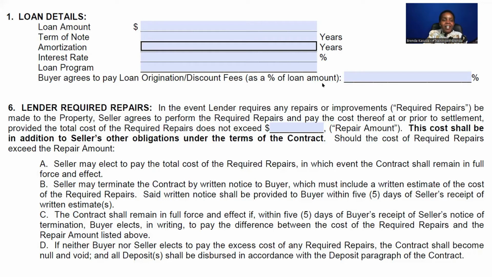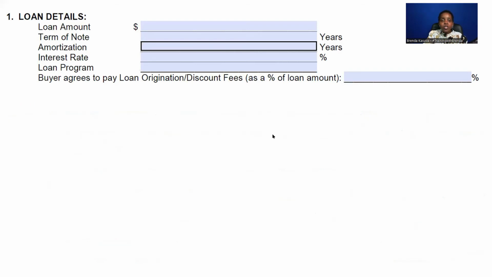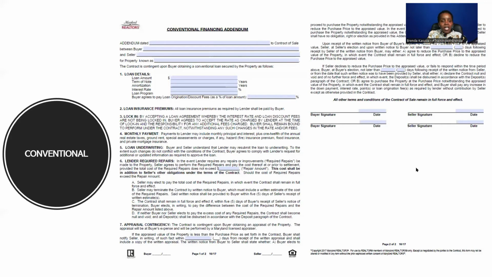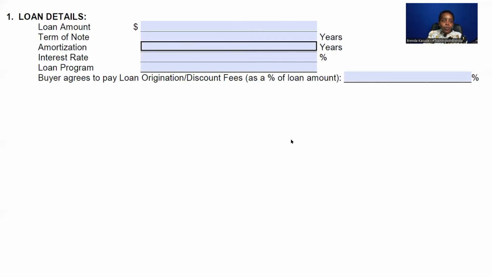You're welcome. In winding down the conversation on conventional, we have a two-page addendum, and we addressed parts of it. Now we are just reviewing that. If there are any questions, you're able to chime in. The loan amount, all of this stuff is a conversation with the lender, and you find it from the pre-approval letter.